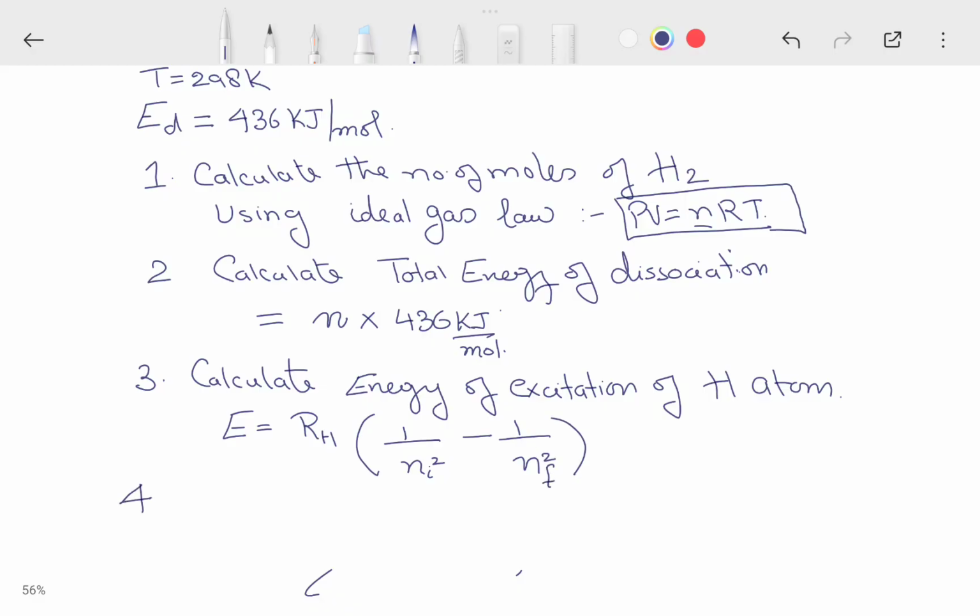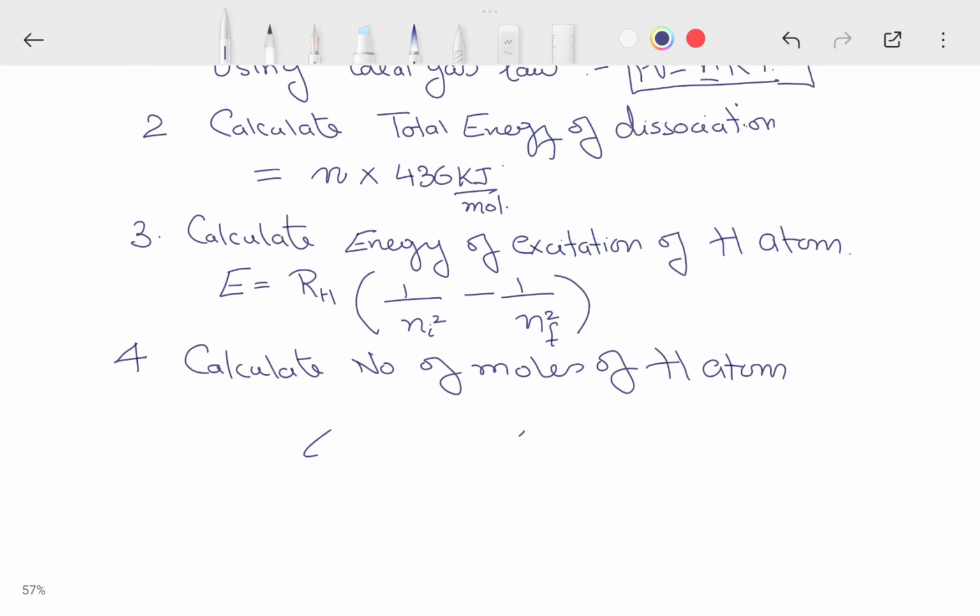And in the fourth step, we will calculate number of moles of hydrogen atom. Then we will multiply and find total energy of excitation.